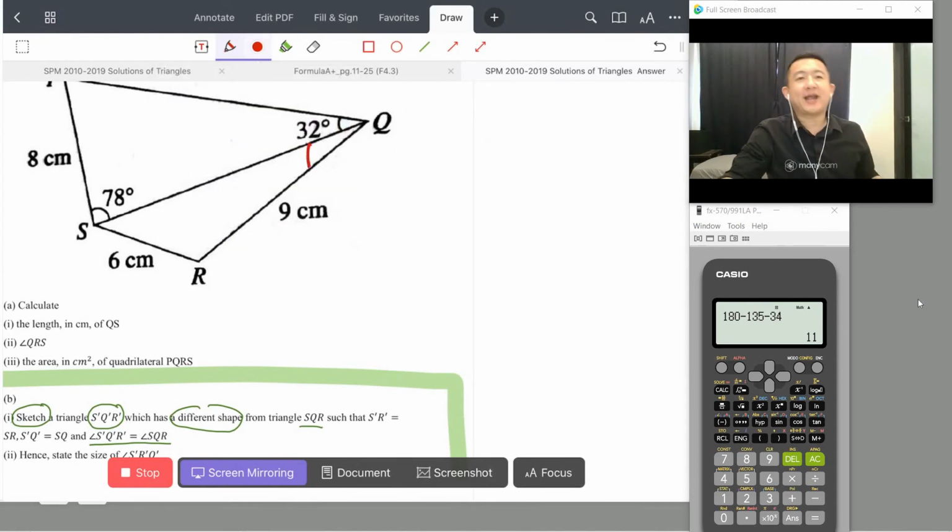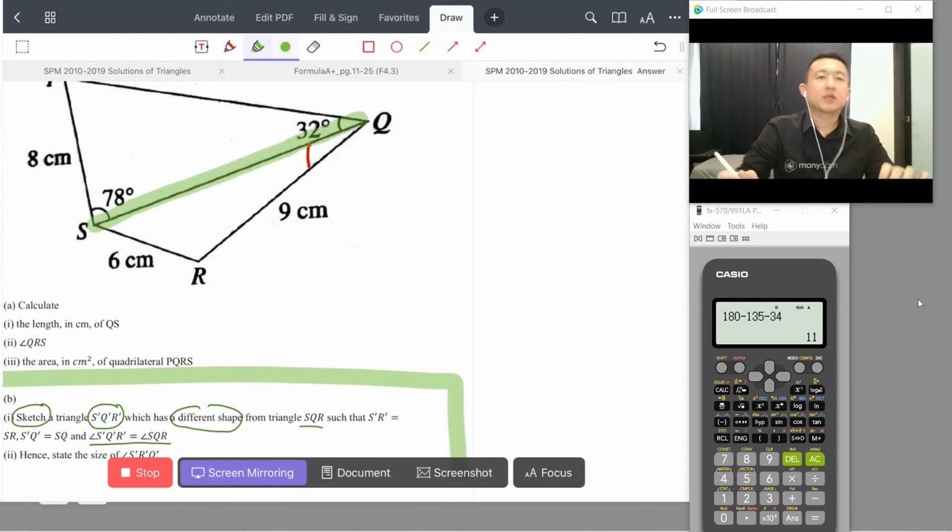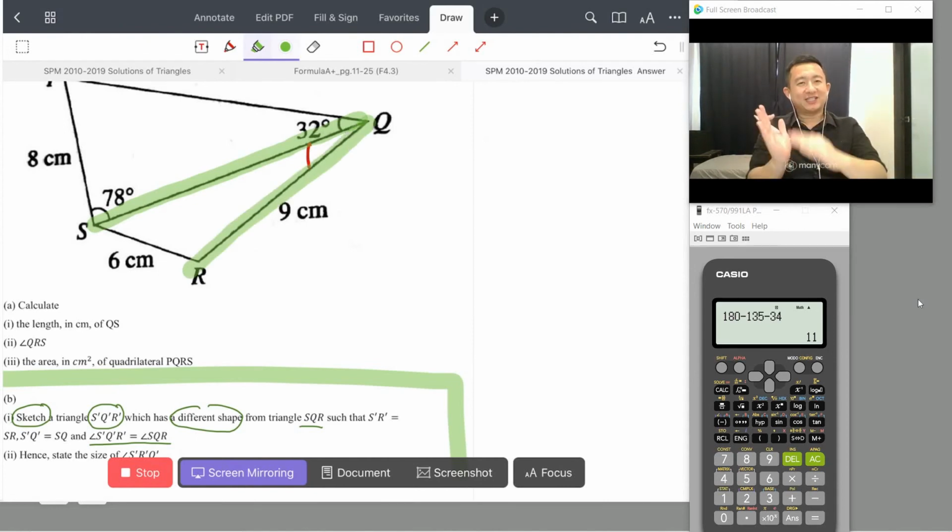Okay, when this angle never changes, you will know that the side SQ and the side RQ, the positions will not be changing. If you change the positions, you open up the angle. You change the positions, the angle will be different. So SQ and QR basically are fixed.